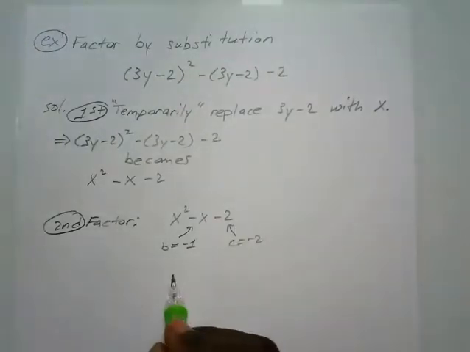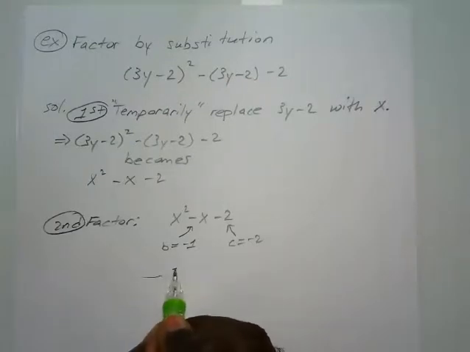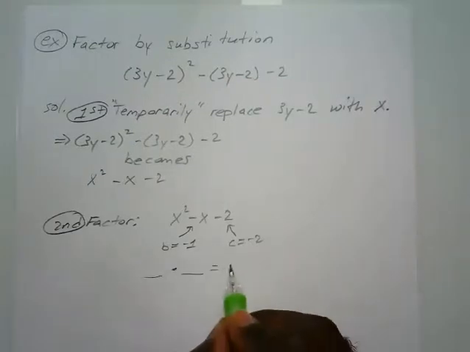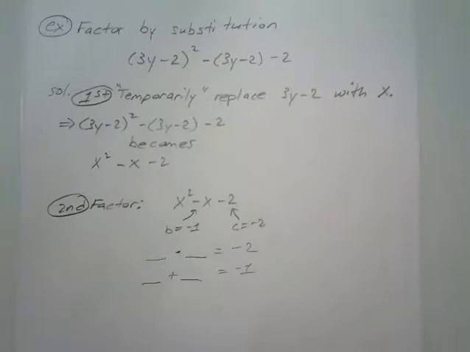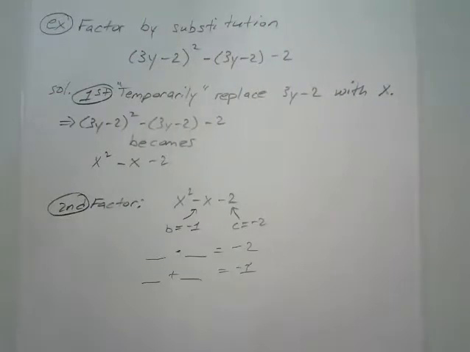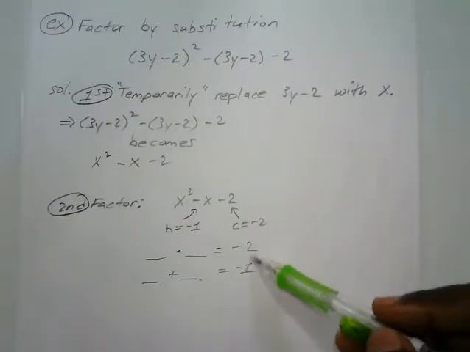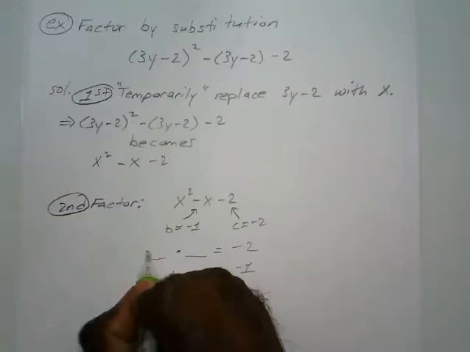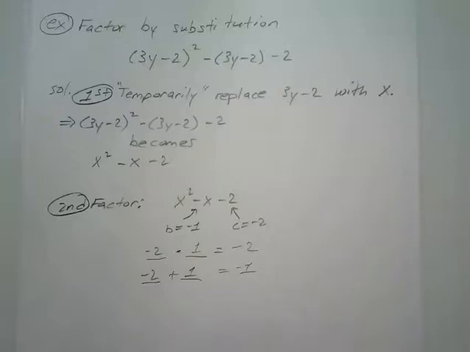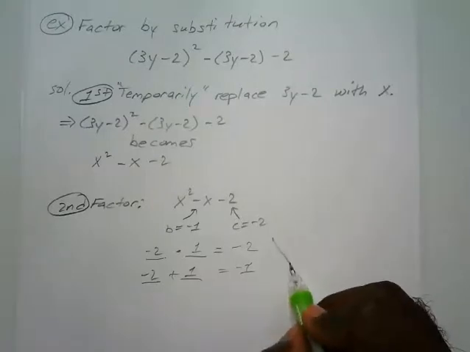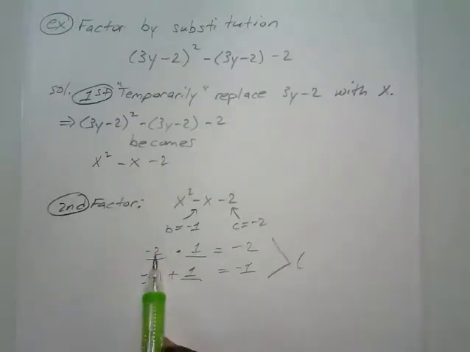So that means we have to find two numbers that multiply to equal c, and those same two numbers add to equal b. Remember, when the absolute value differs by just 1, you have negative 2 times 1 and negative 2 plus 1. So that means when we factor this, it's going to be x minus 2 times x plus 1.